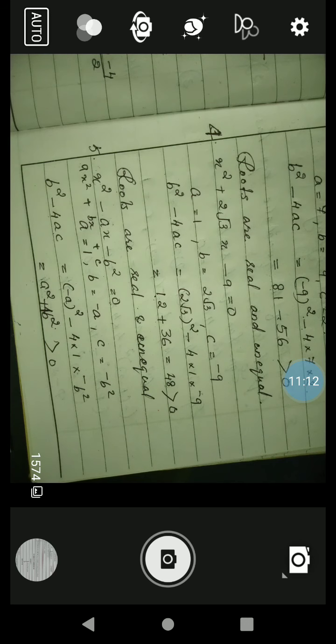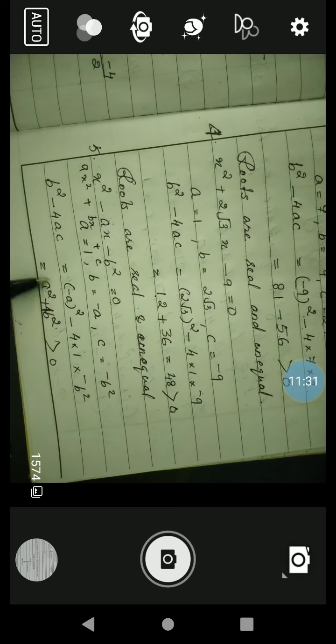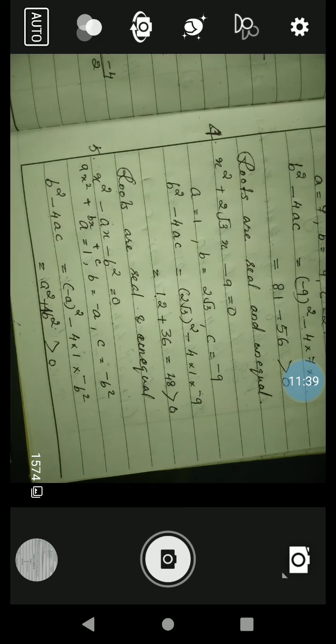So, suppose a is negative, a square is positive. If b is negative, b square is positive. Anyway, the total value of this is always greater than 0. It is a positive value. So it is also greater than 0. Therefore, we can conclude roots are real and unequal.